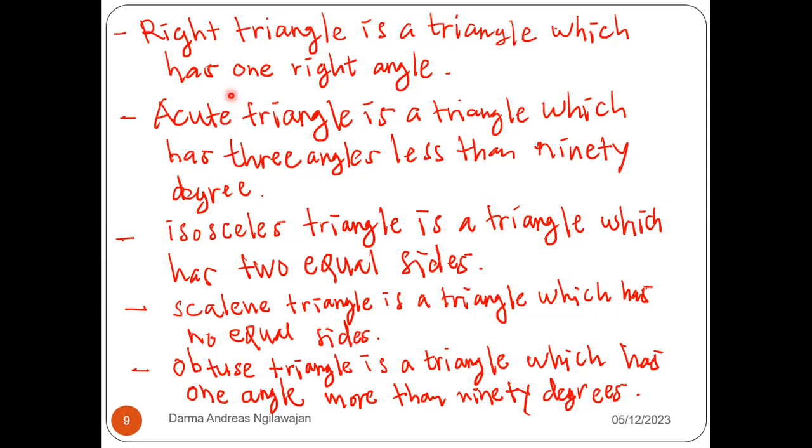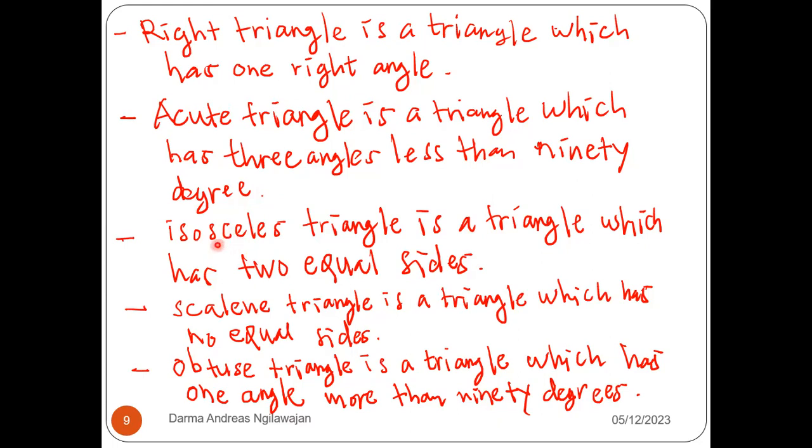I will read again, and I hope all of you pay attention, so you can hear the proper pronunciation for each word. Acute triangle is a triangle which has three angles less than 90 degrees. Okay, am I clear? Jelas ya?